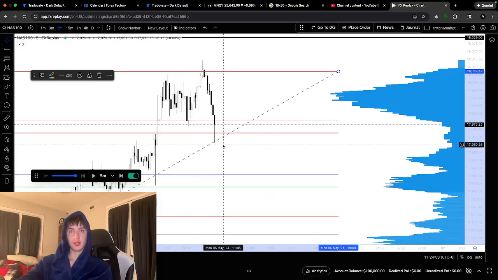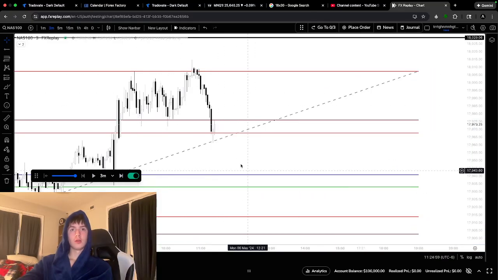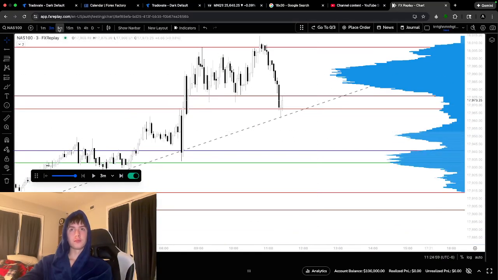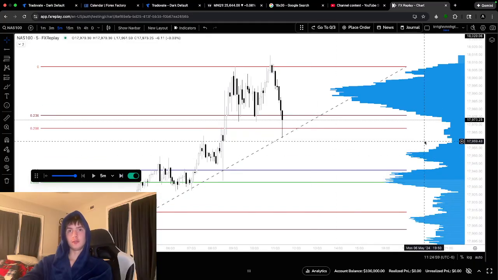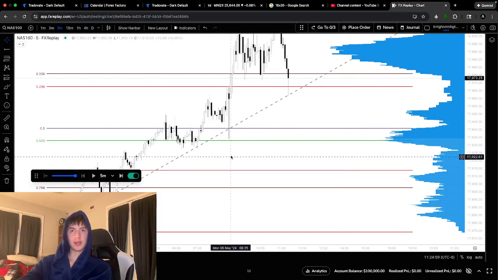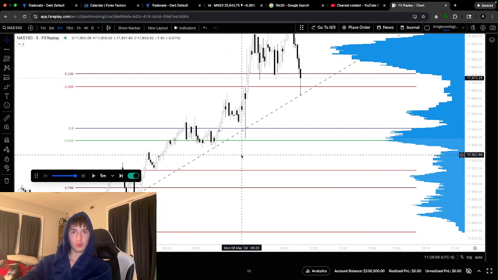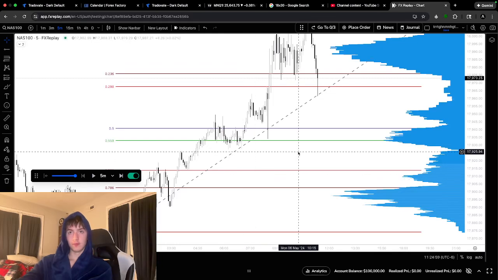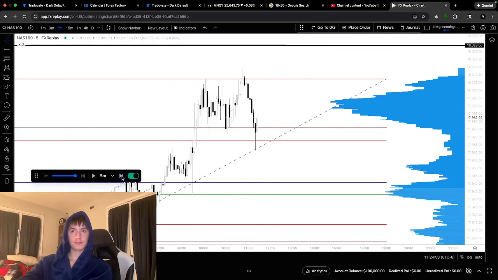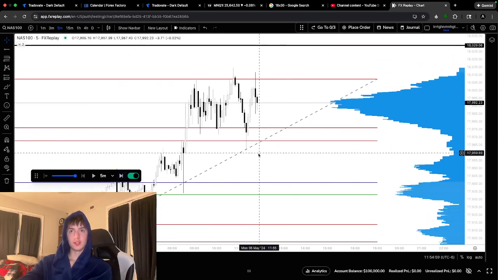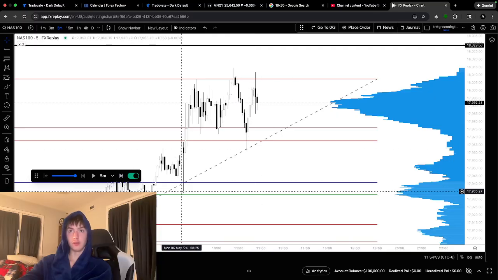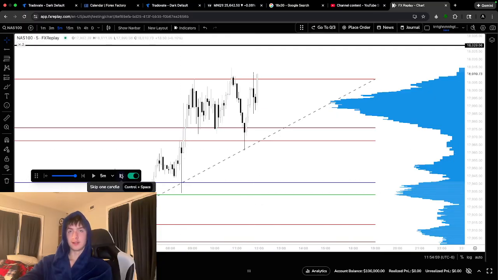All right. There is no valid entry here. There's a low volume node, but there's no 5-minute gap, so there's no entry here. You can see that would have worked based on just the low volume node, but it's not going to always work.